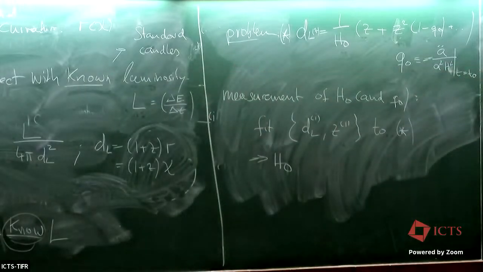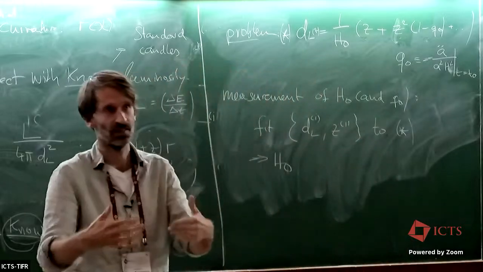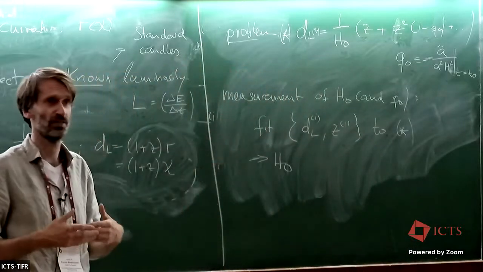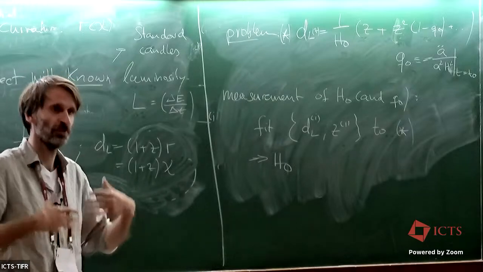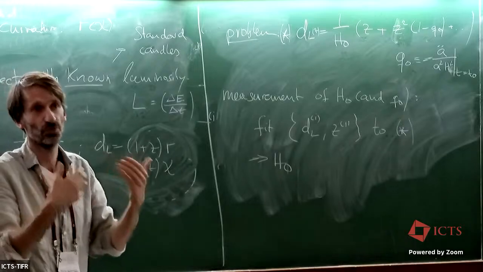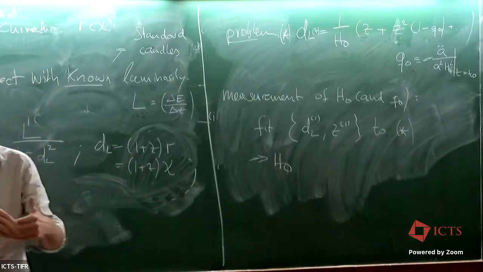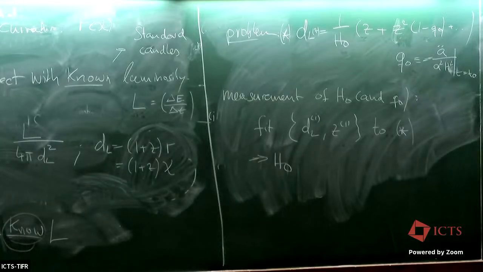So in principle, how it works is that you start with Cepheids, which are not as far away as these type Ia supernovae. So you first calibrate Cepheids using parallax. Then you know them as standard candles. Then you look for host galaxies of Cepheids together with type Ia supernovae.